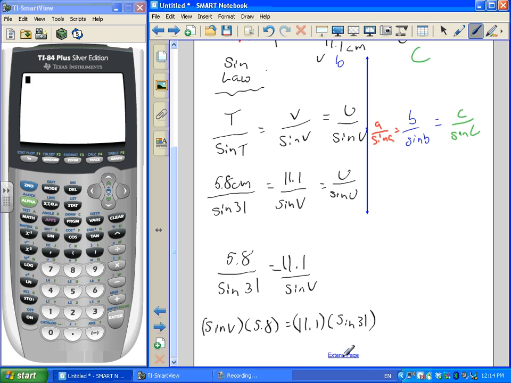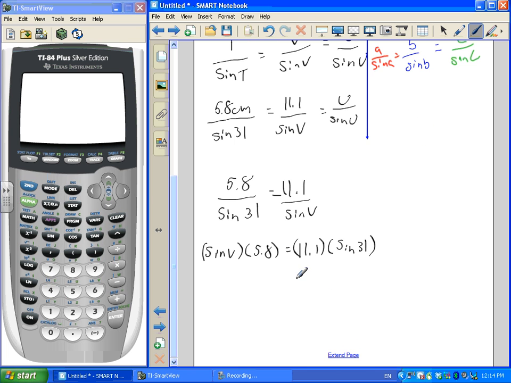sine 31. Now again, I could solve for sine 31 right now, but I'm just going to leave it as it is, just so we have an idea of what I'm trying to do. We're trying to isolate for angle V. So that means I need to take this 5.8 and bring it to the other side. So what's going to happen is I'm going to be making a new fraction. Let's just say 5.8 underneath.